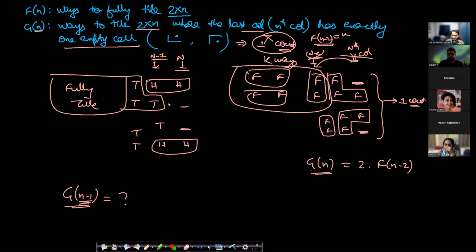So it is not two count. It is called g of n minus 1. It is not called 2 times g of n minus 1. That's why I had written one count here, because g of n minus 1 already says in how many ways you can get up to n minus 1. I mean, in the n minus 1th column, you should have one empty cell and the rest all on the left side must be full. In how many ways can you get it? It is g of n minus 1 ways. Is this definition clear?